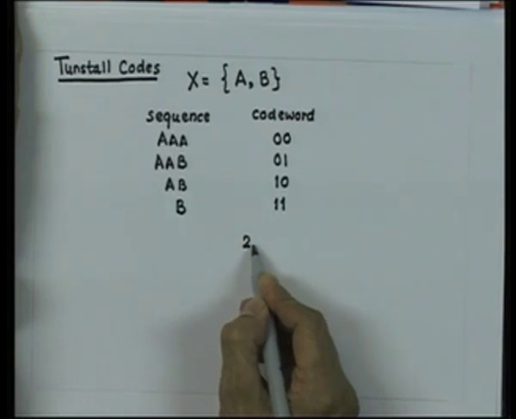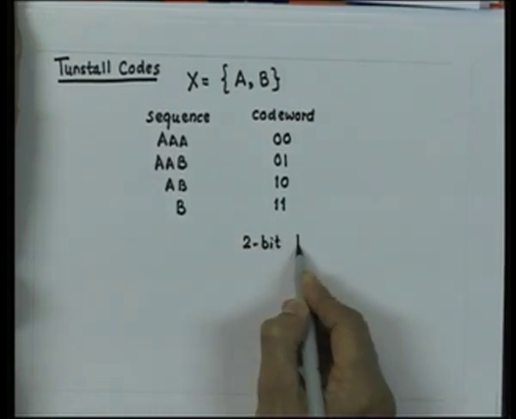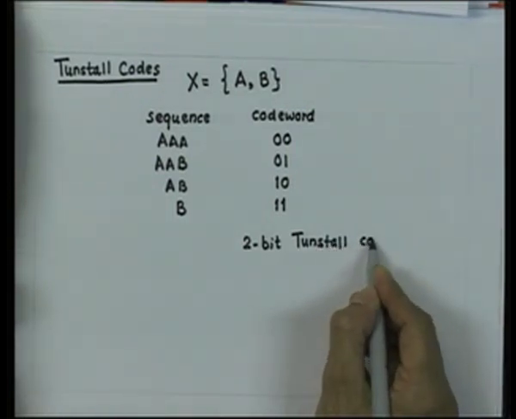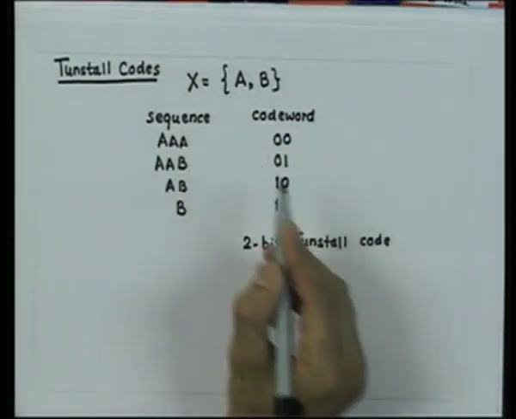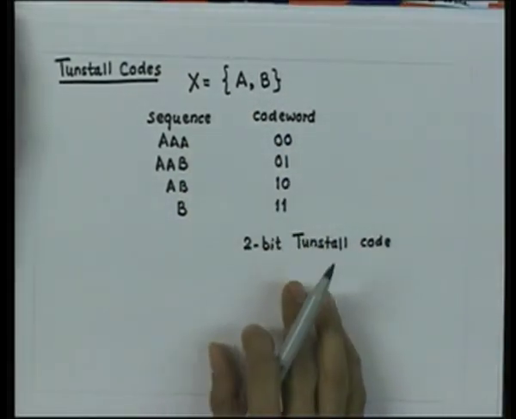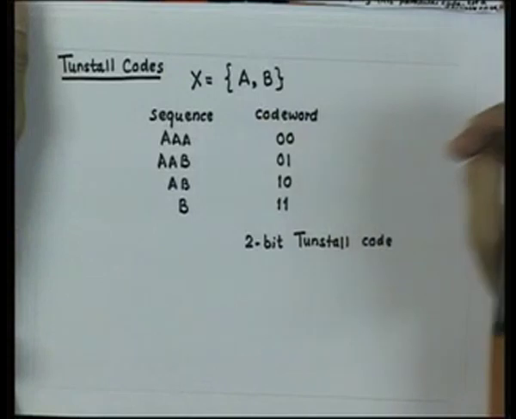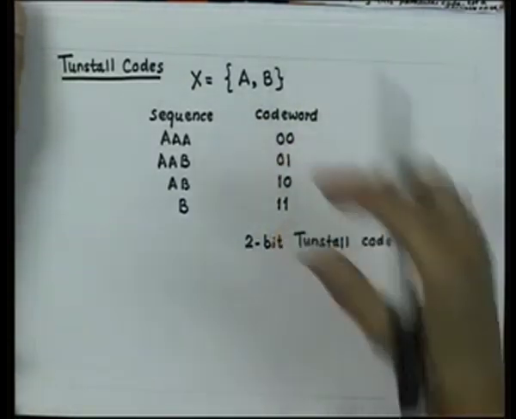So this is an example of a 2-bit Tunstall code for the alphabet A, B. The main advantage of a Tunstall code is that errors in code words do not propagate, unlike other variable length codes such as Huffman codes, in which an error in one code word will cause a series of errors to occur.